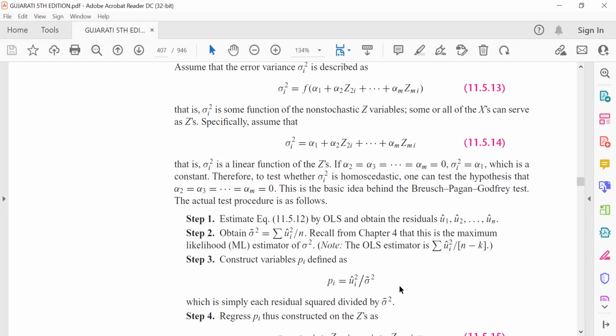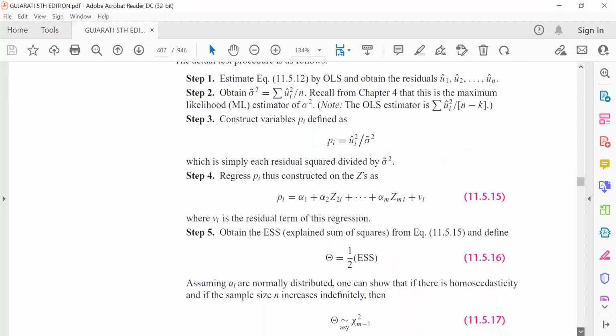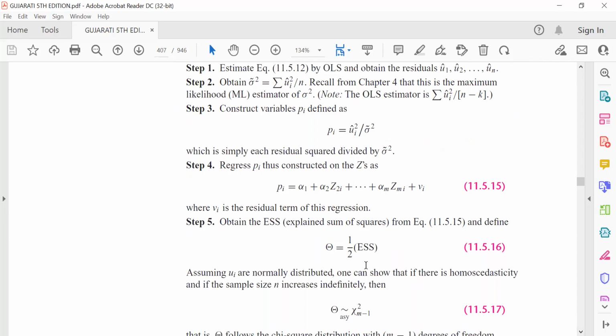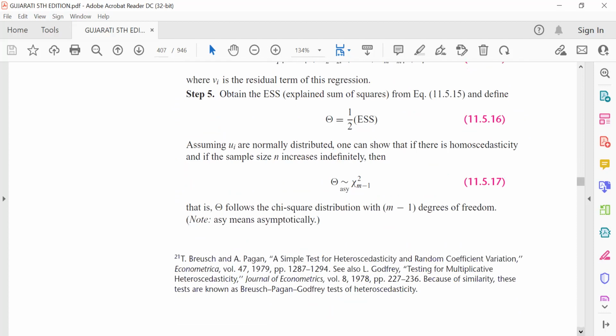Pi is the squared residual over sigma tilde square. Okay, we regress Pi on all the variables, and then we calculate this statistic with the chi-square distribution. If H0 is rejected, this means we have heteroskedasticity. Otherwise, we have homoskedasticity.